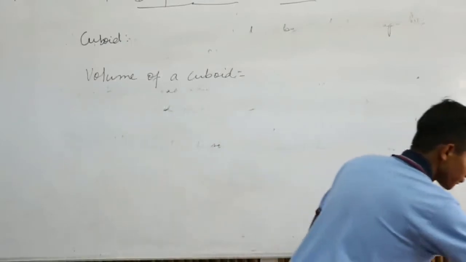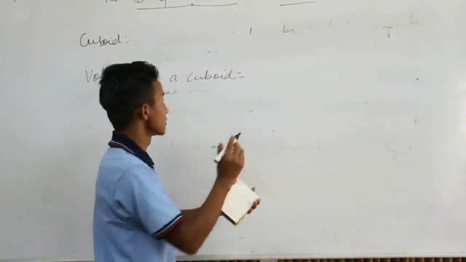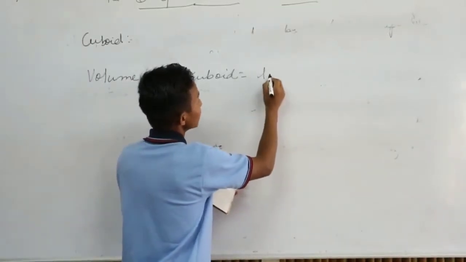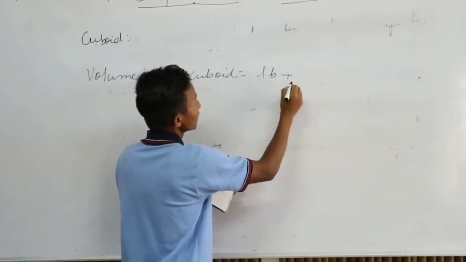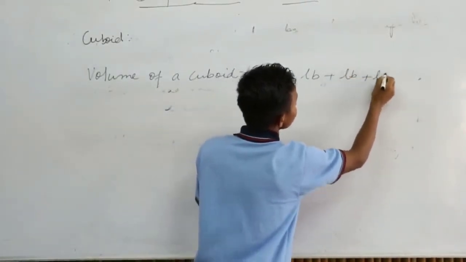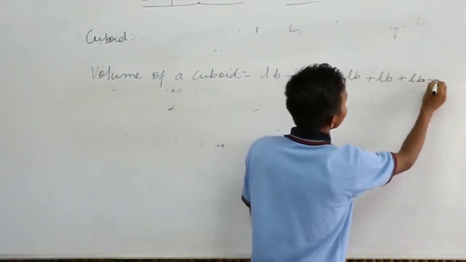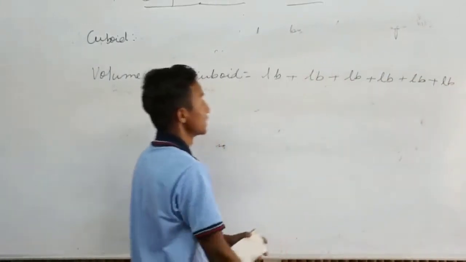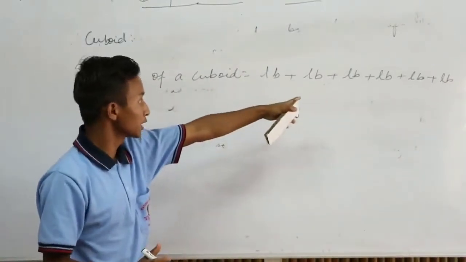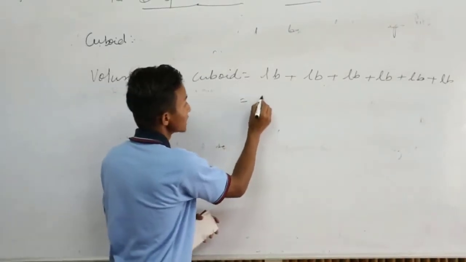So for the volume of a cuboid, there are 6 of them here, and the dimension is length into breadth. Length into breadth plus length into breadth, and so on, 6 of them. I add all these 6 areas. So how much will we get?